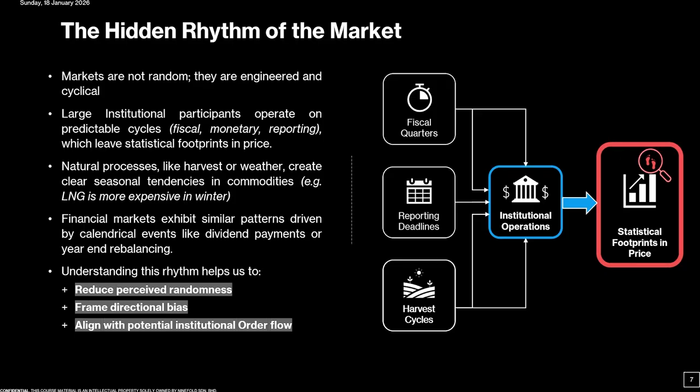This is what is called harvest cycles. And they're very predictable. It's repeated, which helps us as traders because we can use these repeatable, predictable cycles as a way to anticipate future price moves.